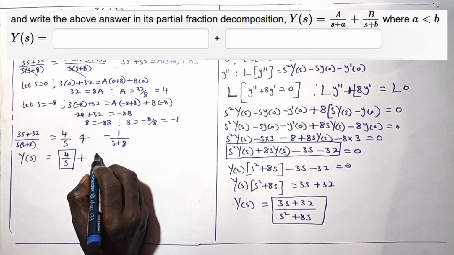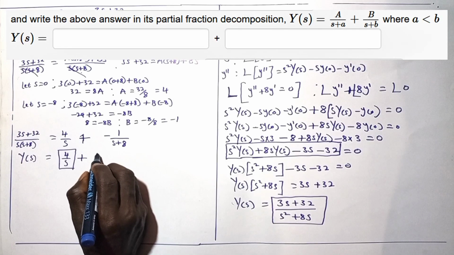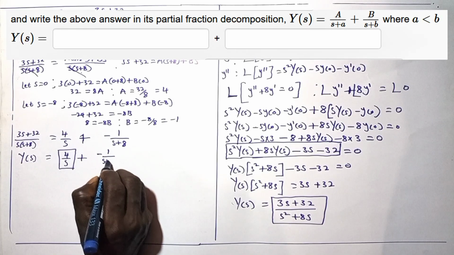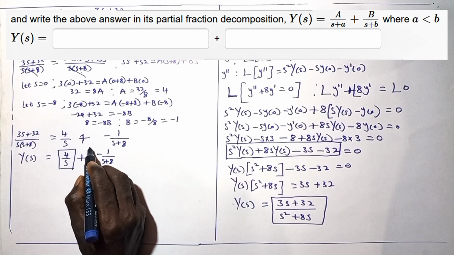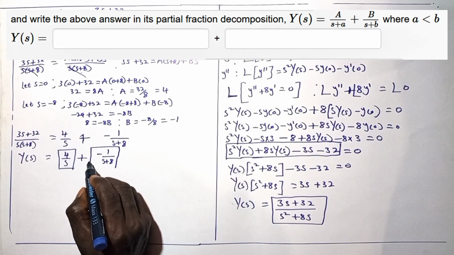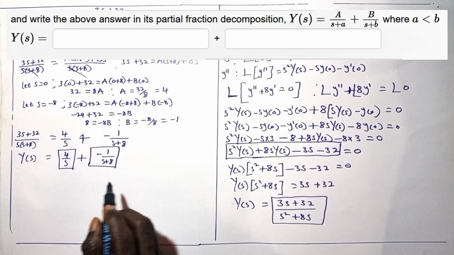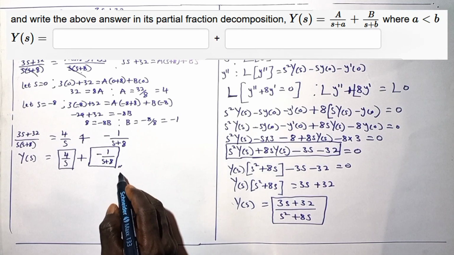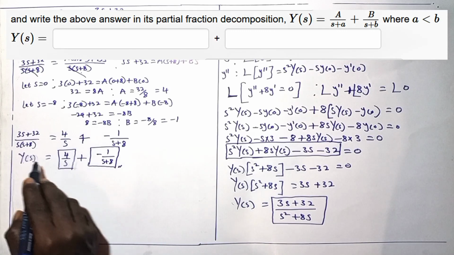So in the second box, we're going to be inserting minus 1 over s plus 8. So this is it for the third box. This is what we will be inserting.